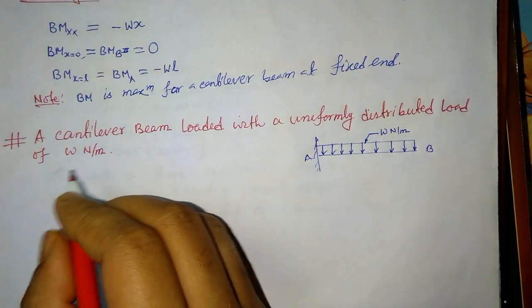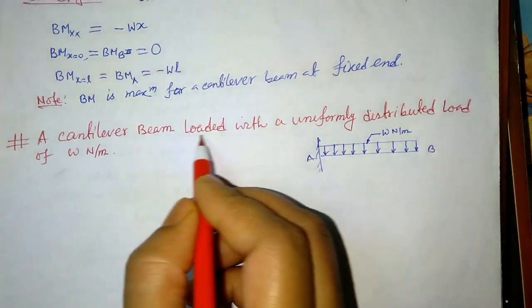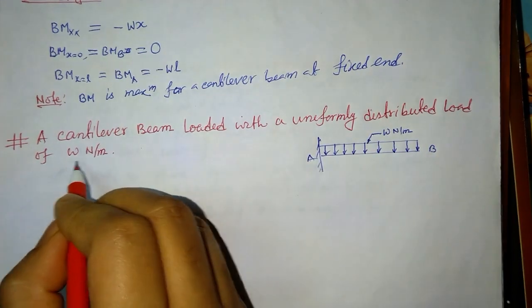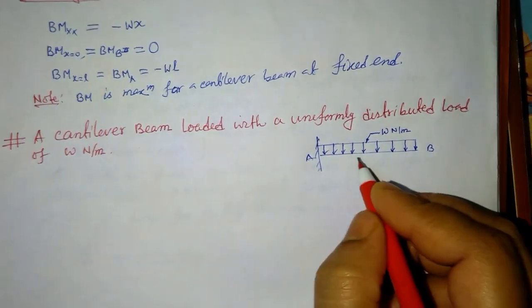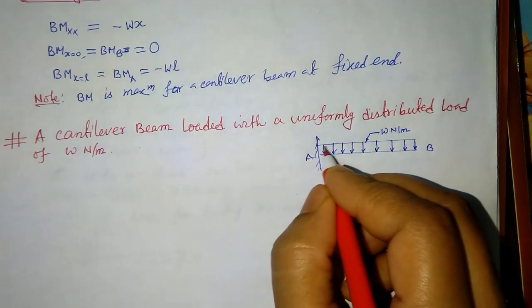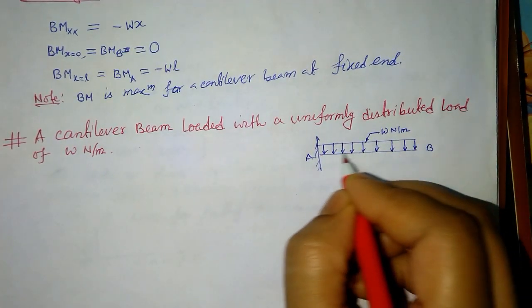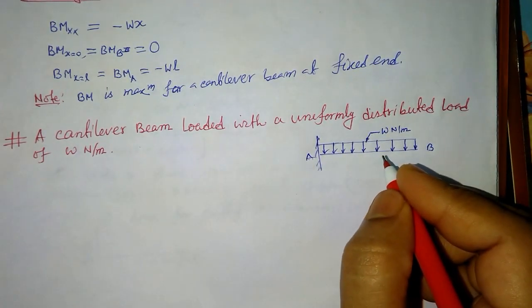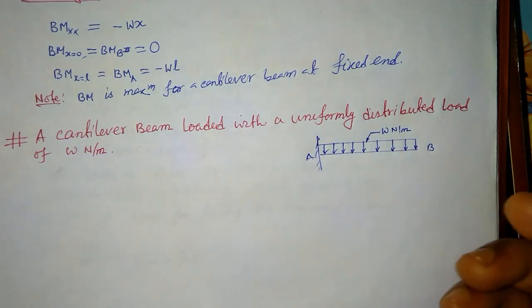Now let's see the next problem, that is a cantilever beam loaded with a uniformly distributed load of W Newton per meter. So this is one cantilever beam AB, and the uniformly distributed load acts throughout the beam. Now we have to draw the shear force and bending moment diagram.